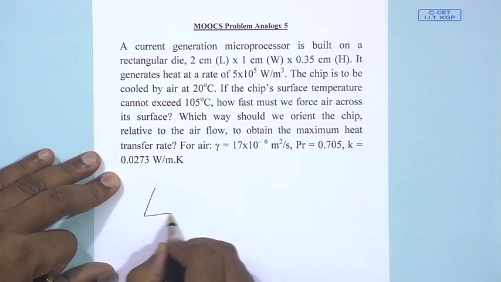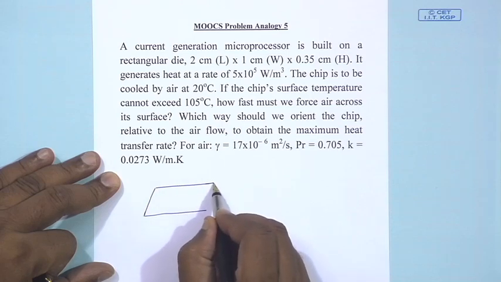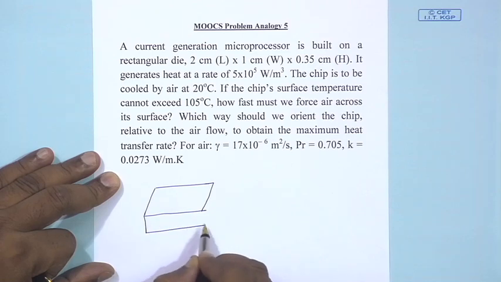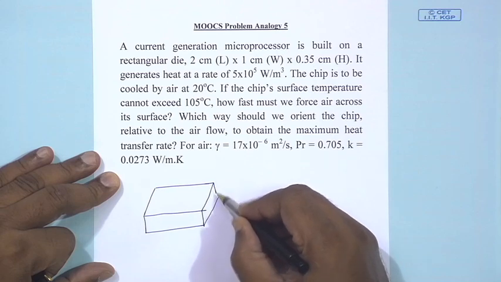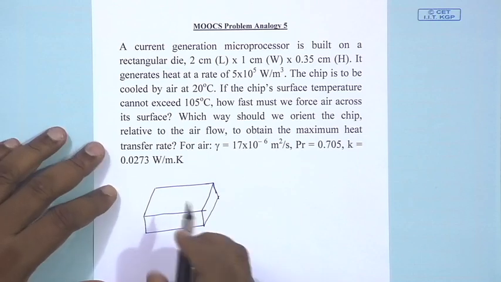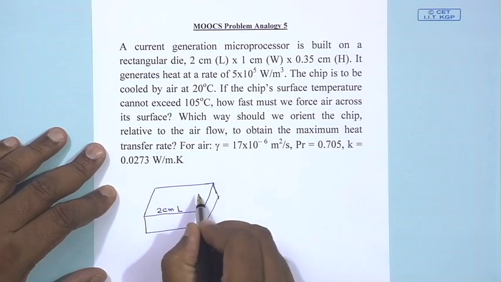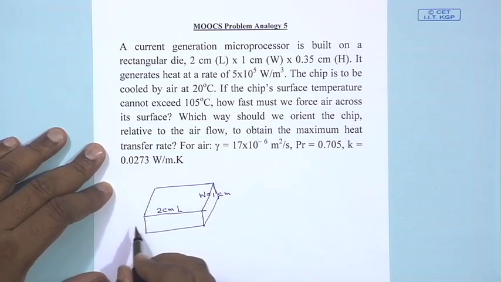So, this is the microprocessor which is sitting on this rectangular die, and the size of which is 2 centimeter, which is L. This is W equal to 1 centimeter, and the height H is equal to 0.35 centimeter.